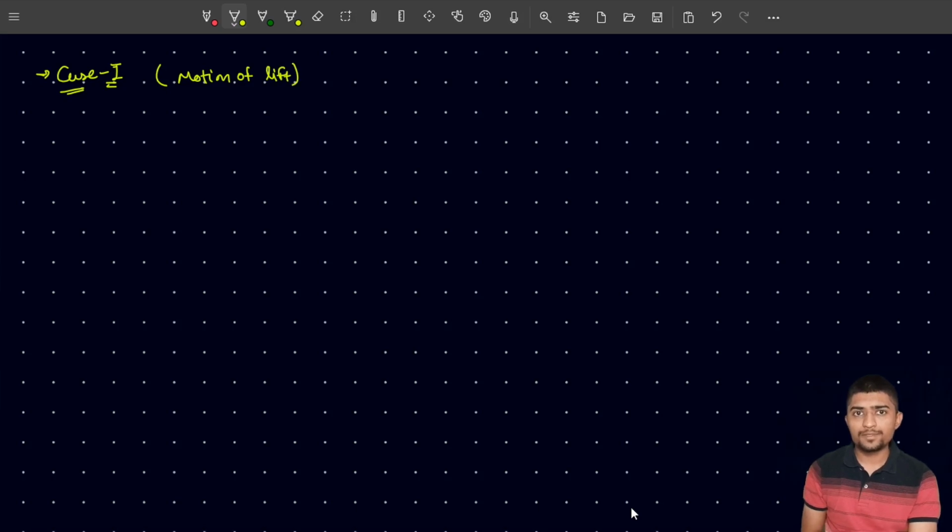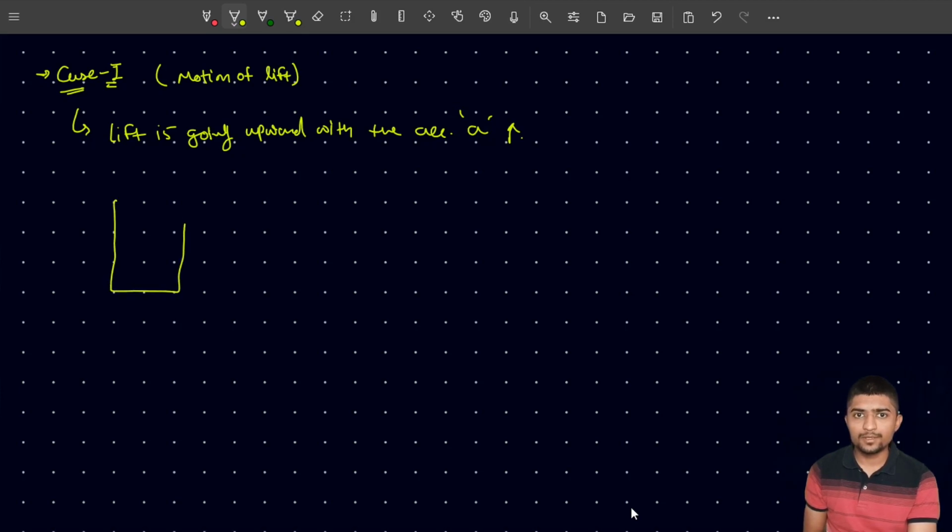In case 1, we will see a lift that is at rest and then going upward with acceleration A. Let's draw it. The lift is having acceleration A. A person is standing on a weighing scale as usual.